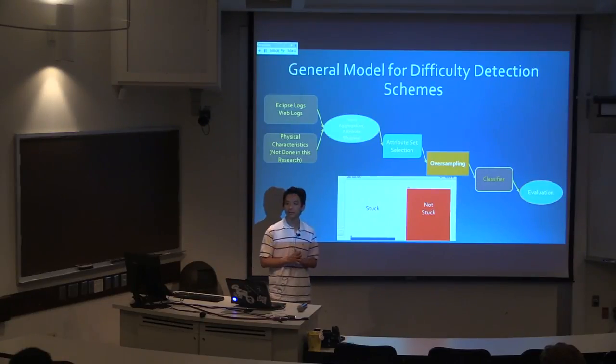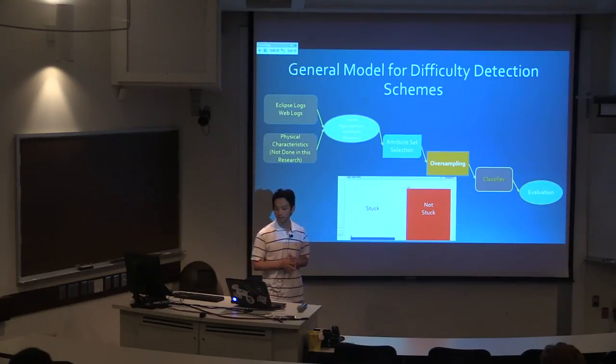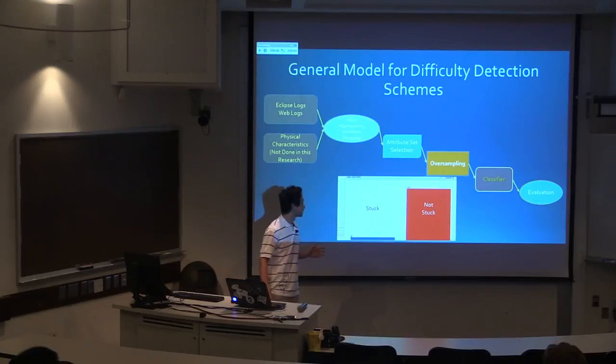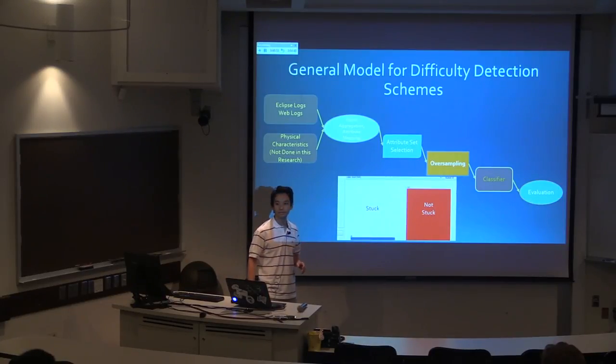So you may have noticed there is an oversampling stage in here. Well, the reason for that is because, as you can see by the bar graph down at the bottom, the not stuck class is the vast majority of the inputs, while stuck is just a tiny minority.